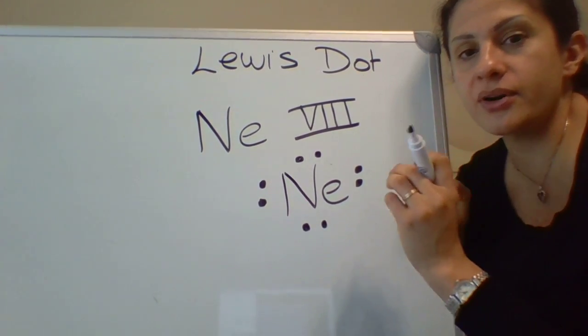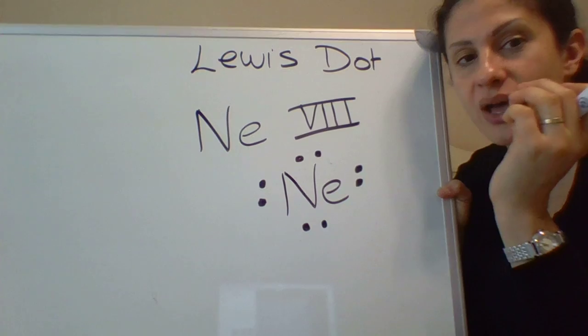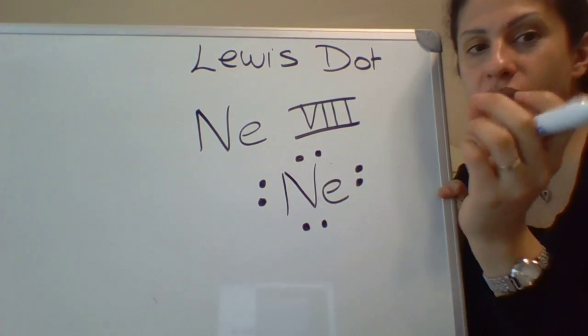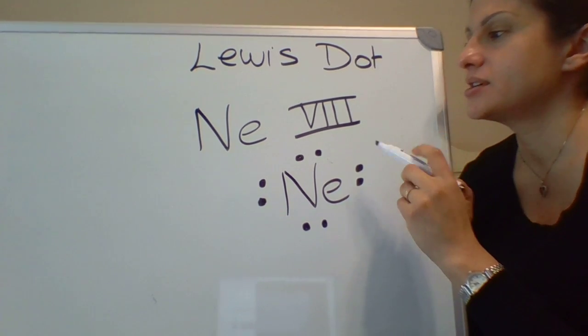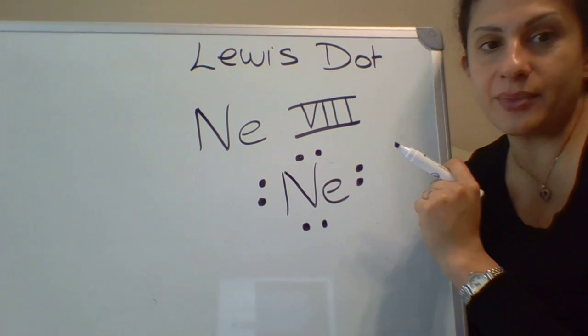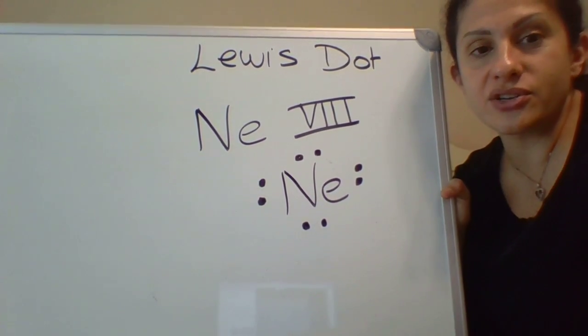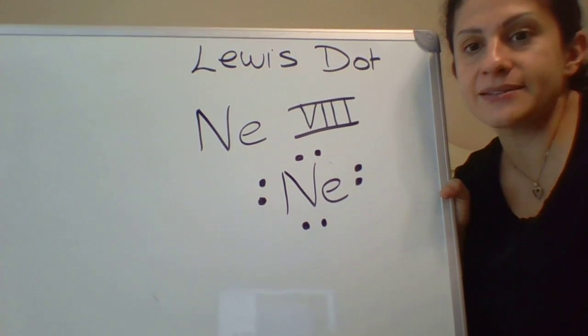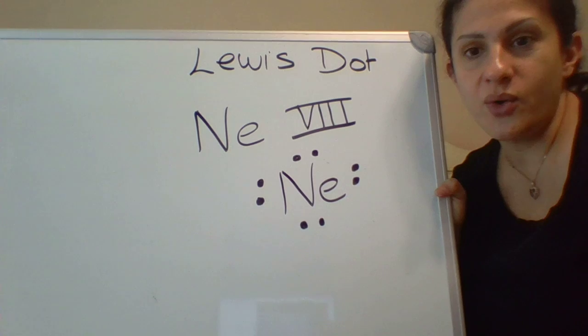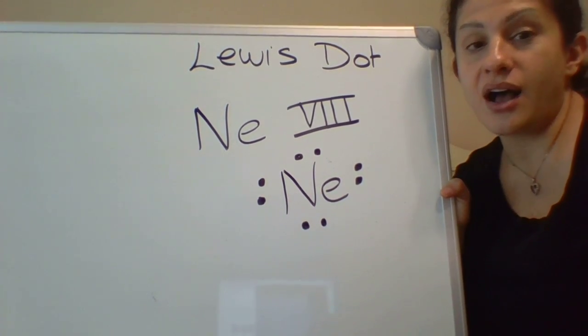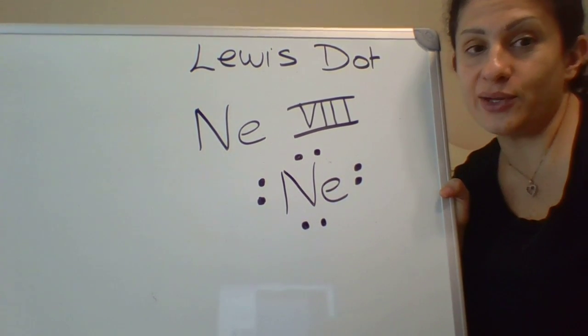But please remember, when you're looking at the group number, look at 1 through 8 as opposed to 1 through 18. There's nothing that has 18 valence electrons. So please remember to look at the group numbers carefully when you're trying to determine how many valence electrons an element has. And I hope to see you in the next video when we're going to talk about ions and gaining and losing electrons.